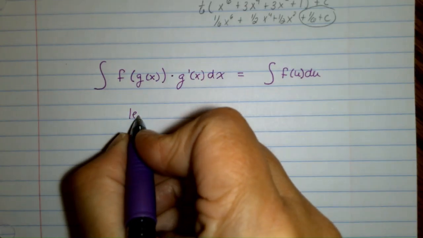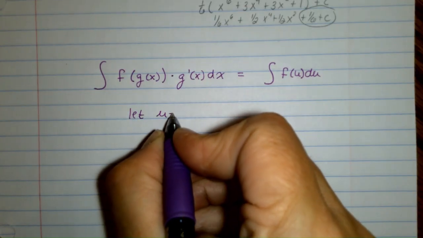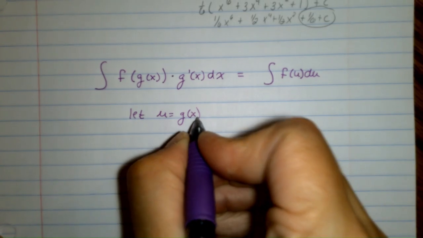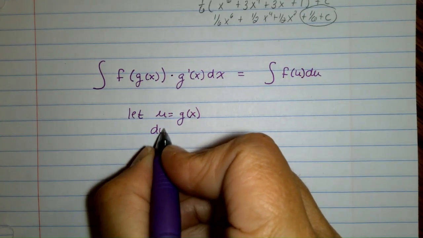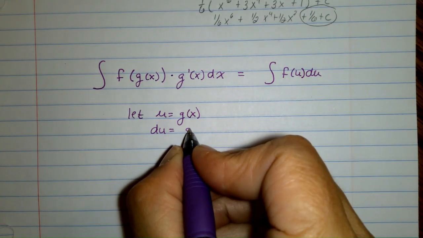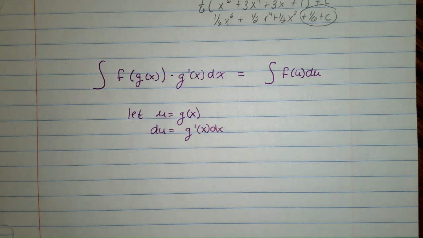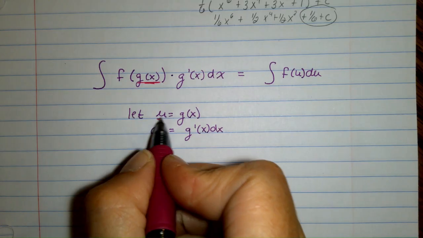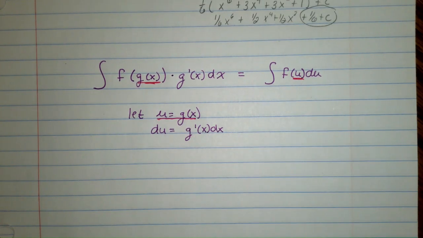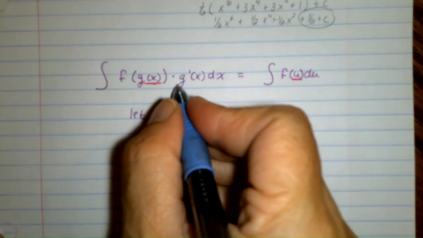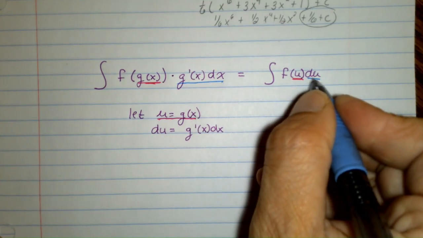And you'll let u equal your g of x, and therefore your du will be your g prime of x dx. So g of x, that's our u, du is right there.